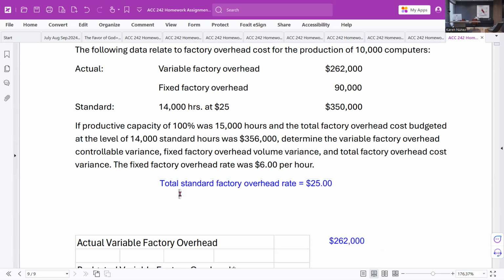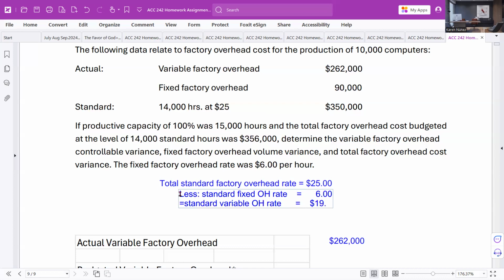So let's see here. Less the standard fixed overhead rate of $6 is going to give us our variable rate. It's going to equal the standard variable overhead rate. So 25 minus 6 is 19.